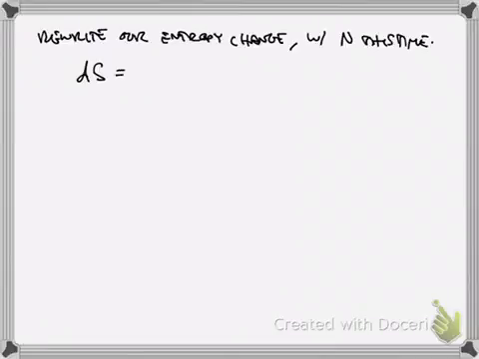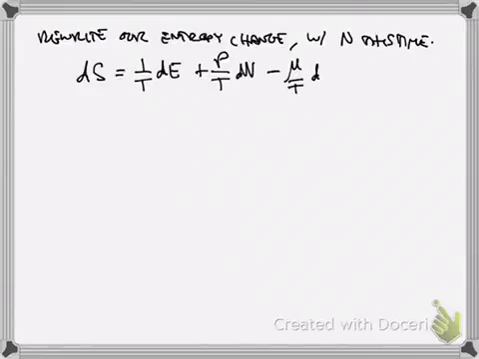We end up with 1 over T dE, the change in entropy due to changes in energy, plus P over T dV, again from our definition of pressure. And now one more term, minus mu over T dN, from what we wrote down before on the previous slide.